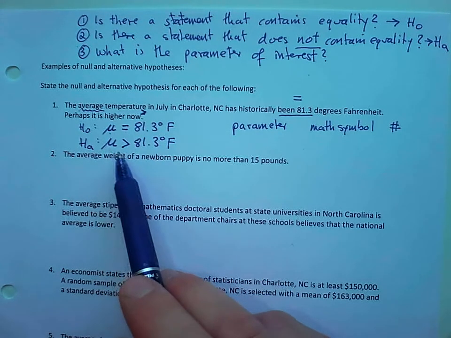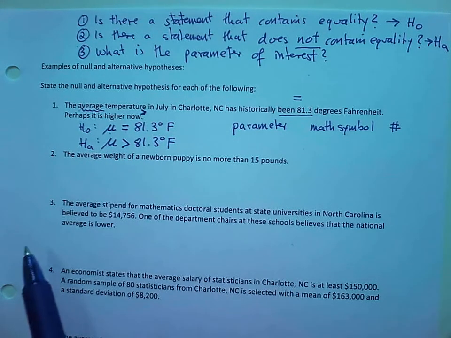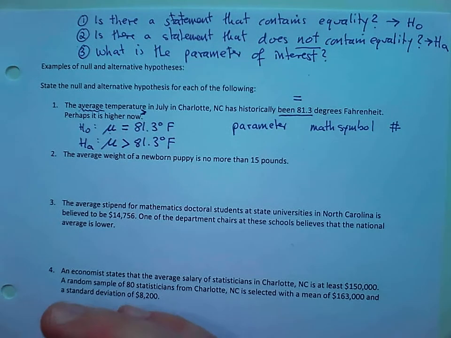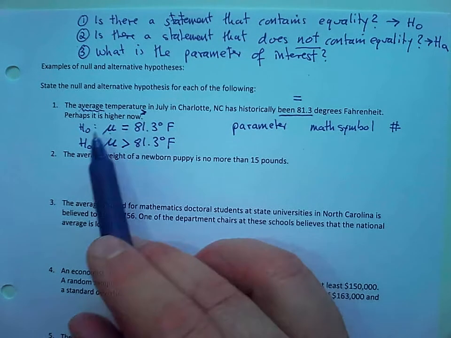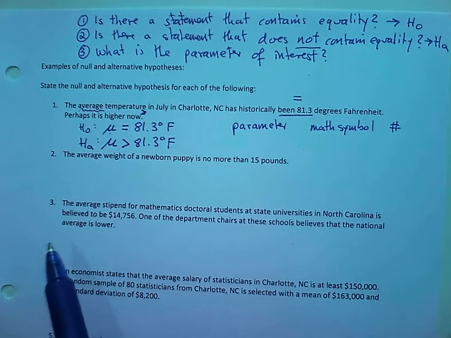I want to point it out here because later on I'm going to show you some shortcuts that you can use whenever you do subsequent steps in a hypothesis test. All that we're doing so far is just writing down the null and alternative hypotheses.